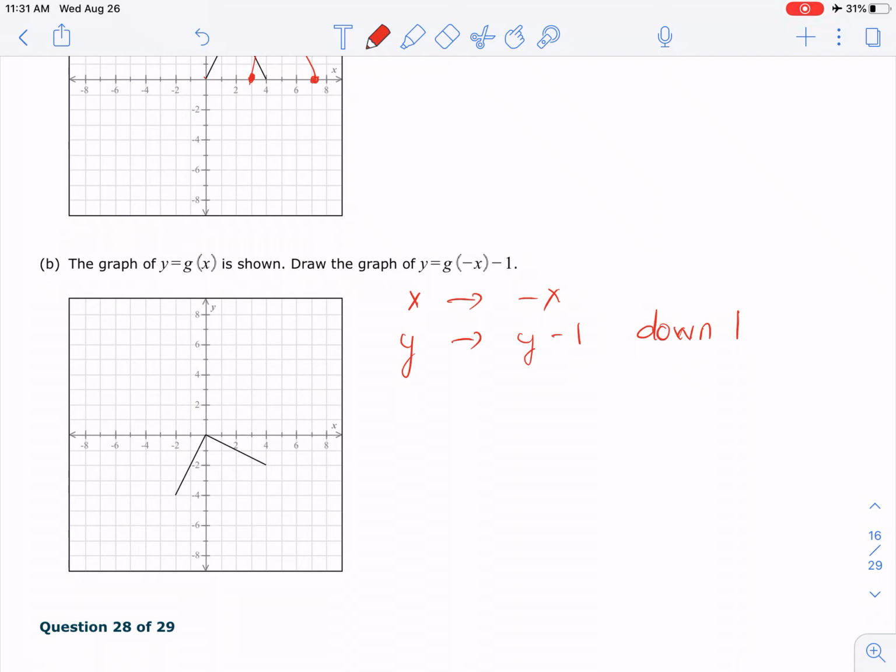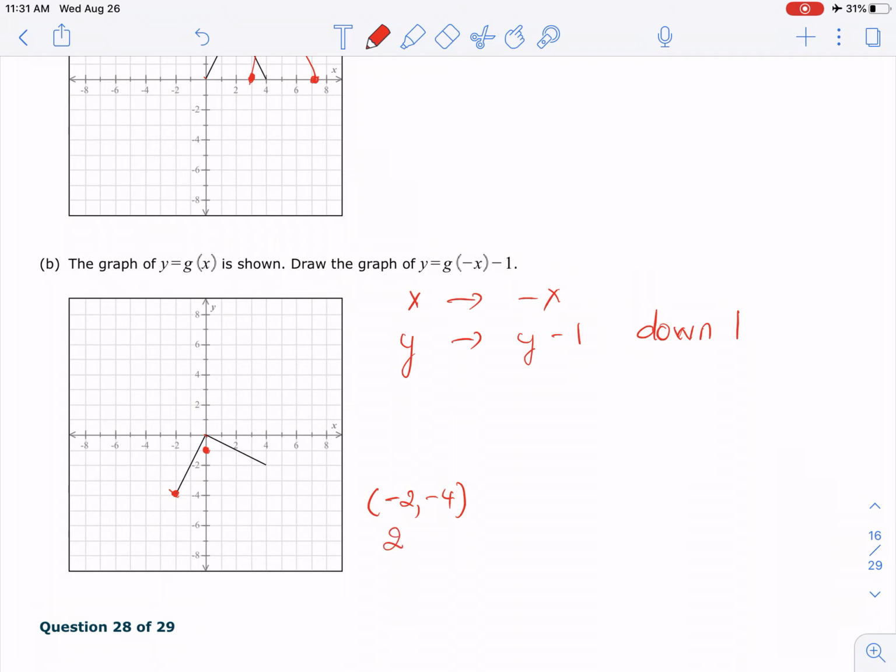Okay. All right, so let's do 1 by 1. So you have 0, 0 here. For x, when you change, you're going to go down 1. So that point. Let's take a look at this point. So that point right there is negative 2, negative 4. So for x, I change to a positive.